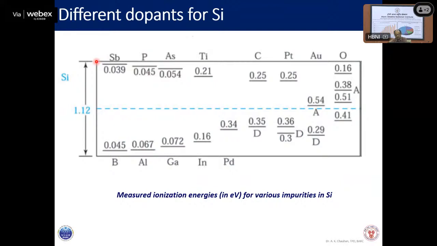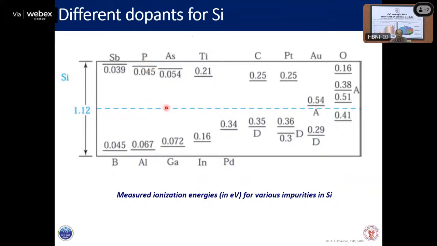If you dope the entire infinite lattice with only one phosphorus, you will have the continuous conduction band, and inside the whole crystal, only one level which is just 0.045 below the conduction band.